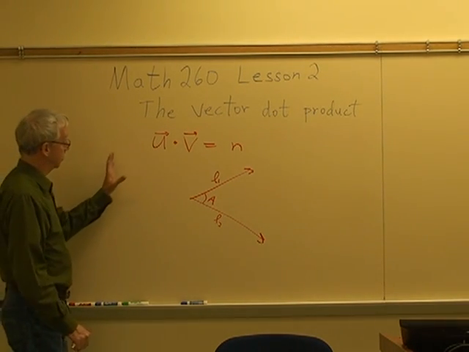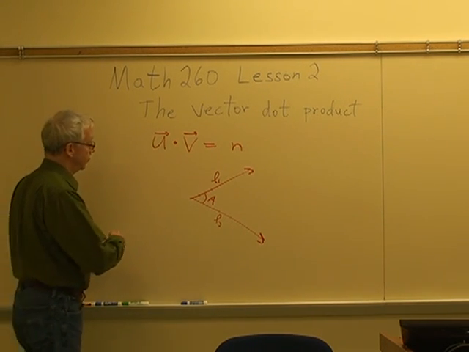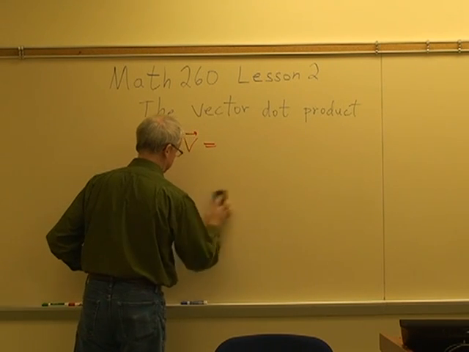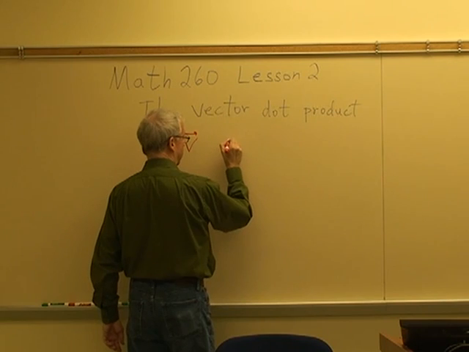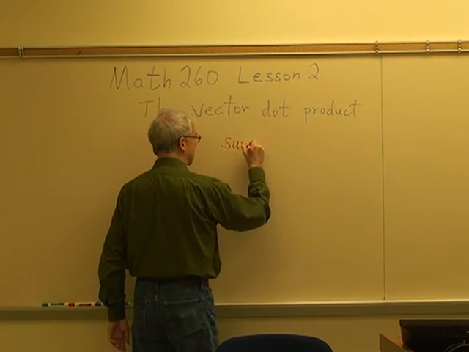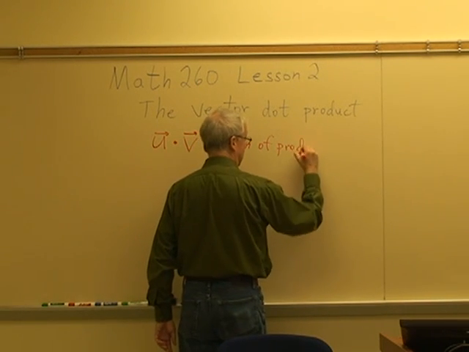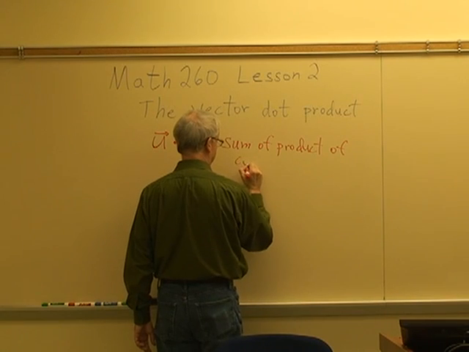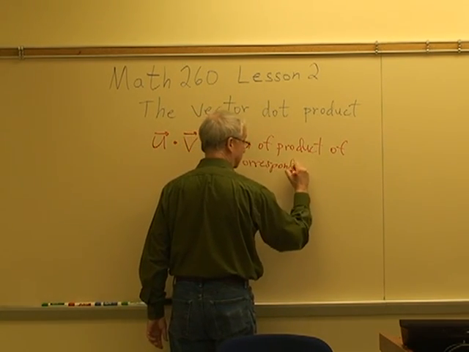Well, how do I actually compute the dot product for vectors? Well, it's easy if I have the coordinates of the vectors. And the way I compute it is the sum of the product of corresponding terms in the two vectors, or corresponding elements.